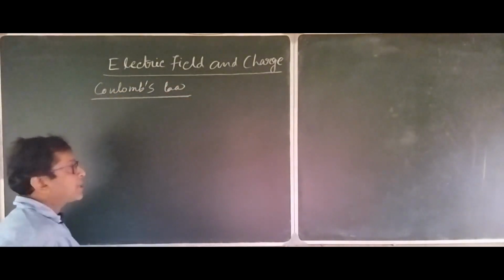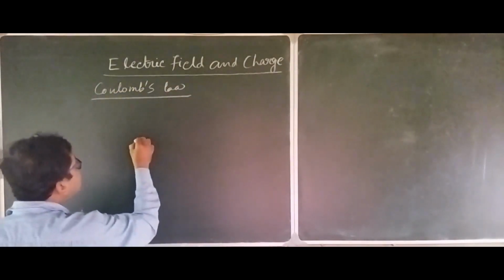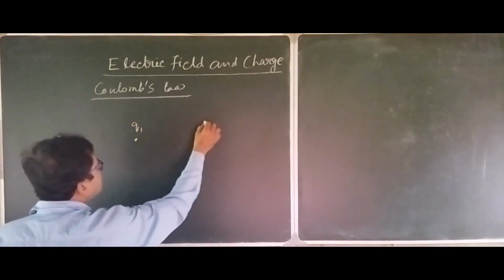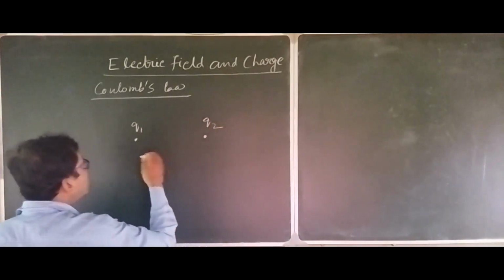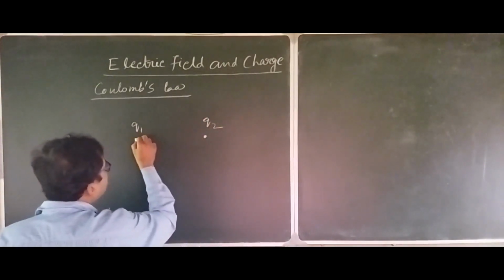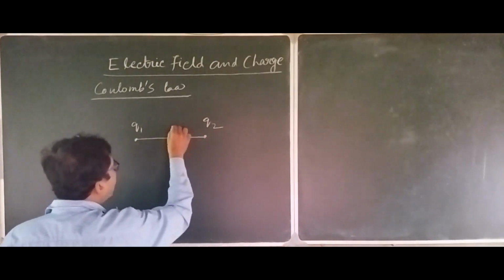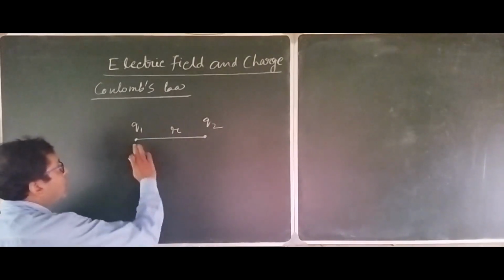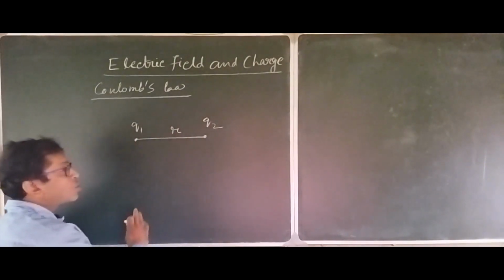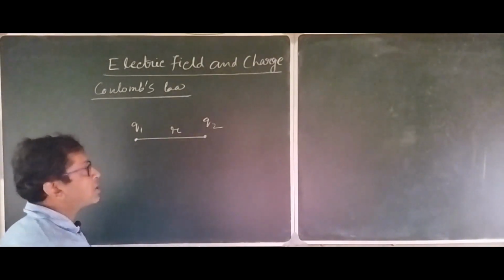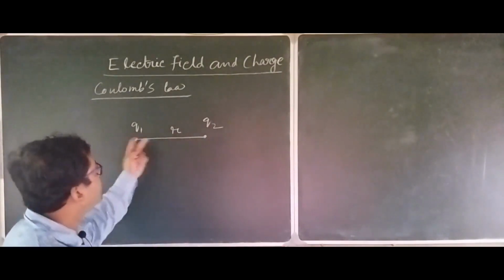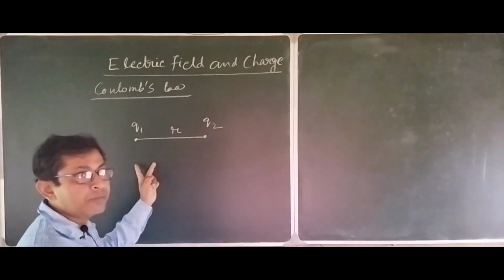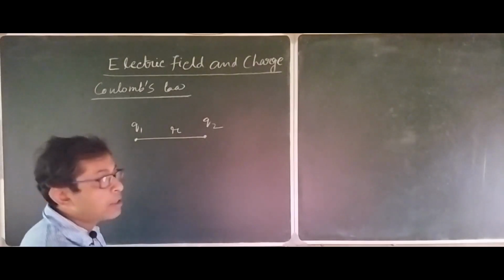He explained that if we place any two charges anywhere, suppose one charge is denoted by Q1 and the other one is Q2, and the two charges are kept at a distance of r, then according to him, the force between them is attractive if the two charges are opposite in nature, and if they are alike, then they will repel each other.